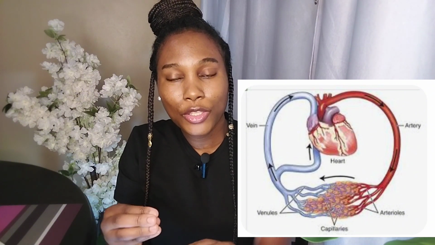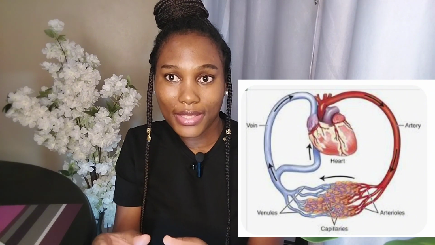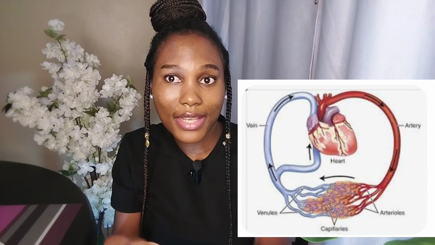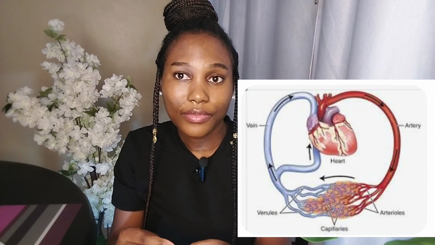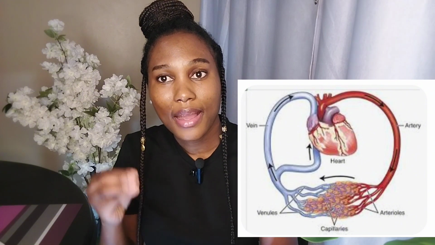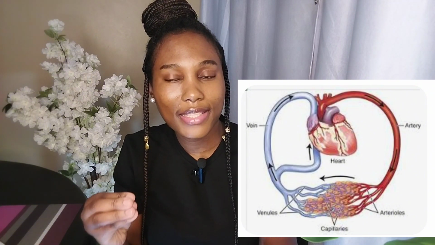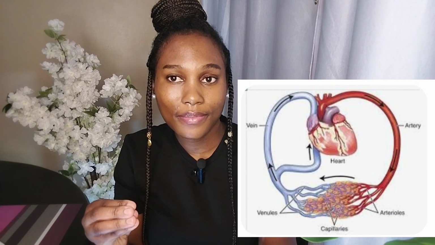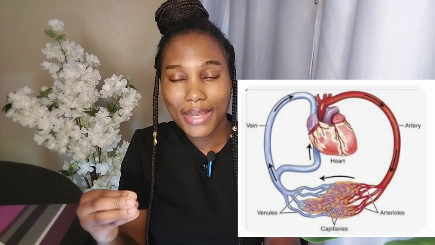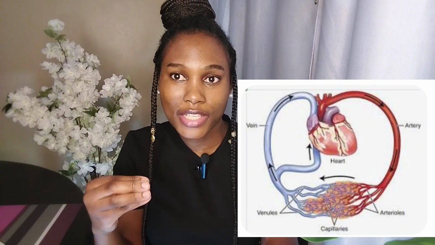And these capillaries are usually within the target organs, the organs that are supposed to be supplied by these arteries and arterioles. So when blood reaches the capillaries, there is usually an exchange of substances between the blood and the tissue that is being supplied.